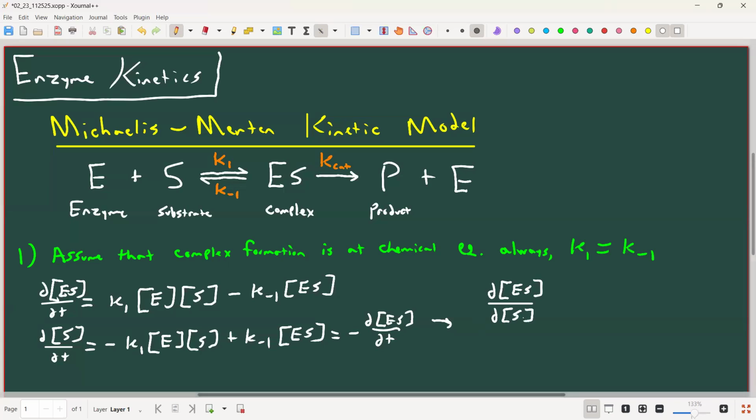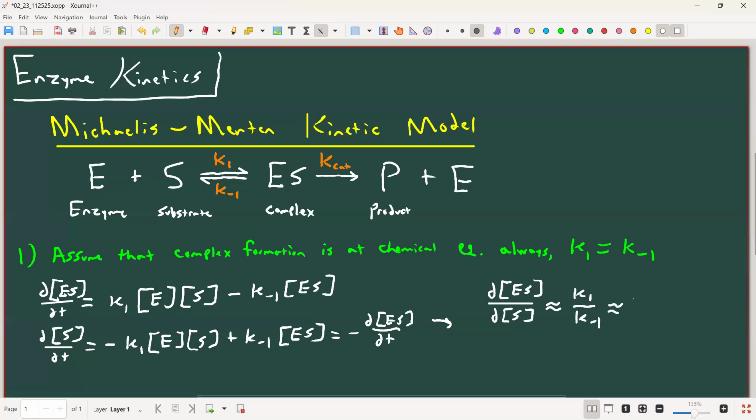So how much do they change relative to each other? And we can do a little bit of math. And what we find is that these rates are equal to K1 over K minus 1, which is equal to 1. Right, and that makes sense, right? Because the products form just as much as the reactants do in this process, and so the ratio of the rates is equal to 1.